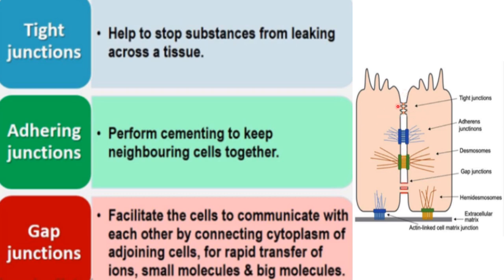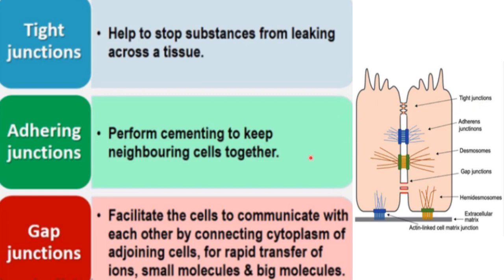So first of all, these are tight junctions, and these tight junctions help to stop substances from leaking across a tissue. Means whatever substance is present inside a cell, or you can say a group of cells that make a tissue, these tight junctions stop that substance from leaking across a tissue, right? So this is the function of tight junction.